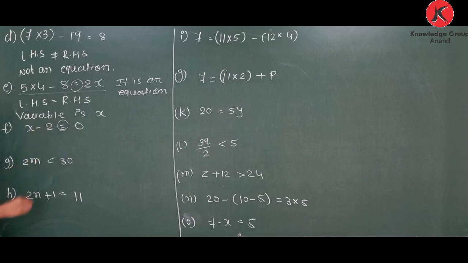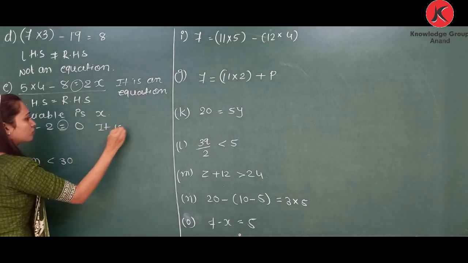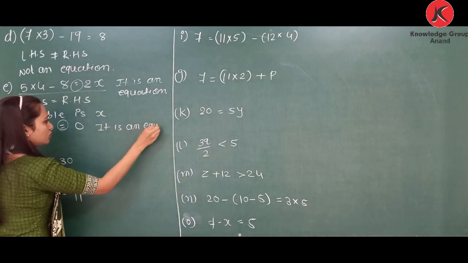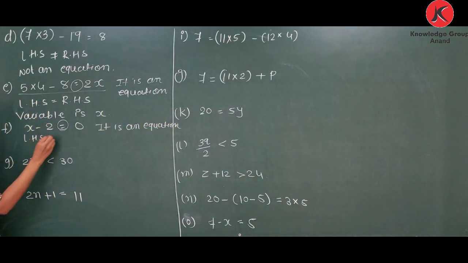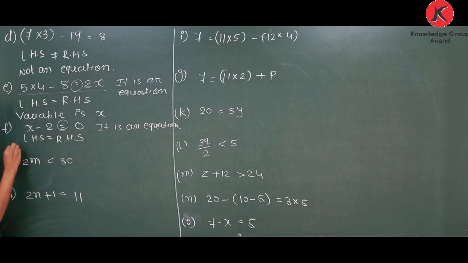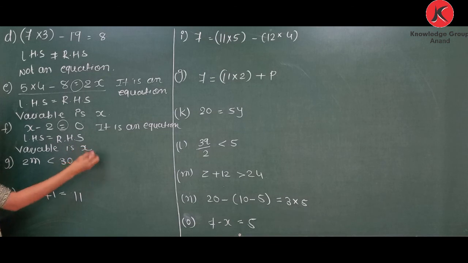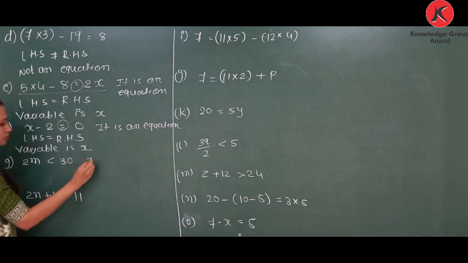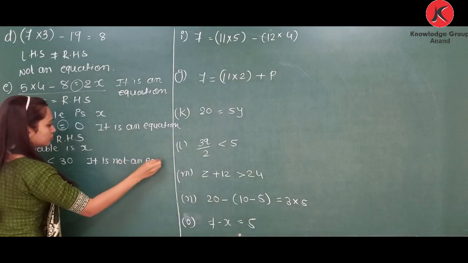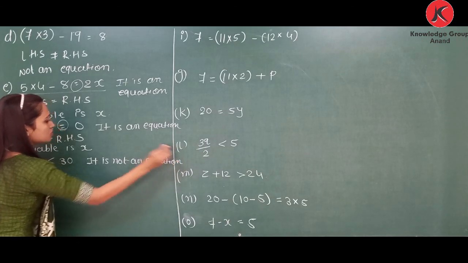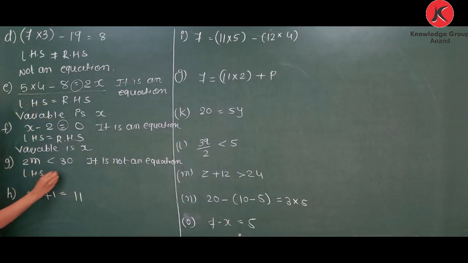Next, x minus 2 is equal to 0. Again there is an equal to sign, so it is an equation. Reason: left hand side is equal to right hand side, and variable is x. Next, 2m less than 30, so it is not an equation. Reason: left hand side is not equal to right hand side.